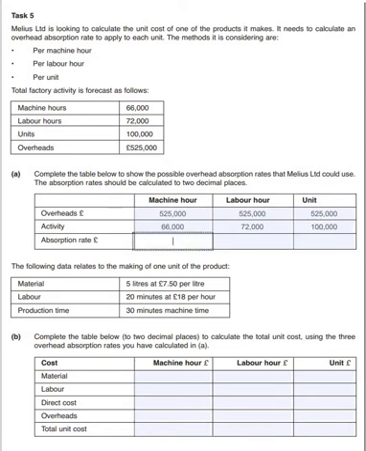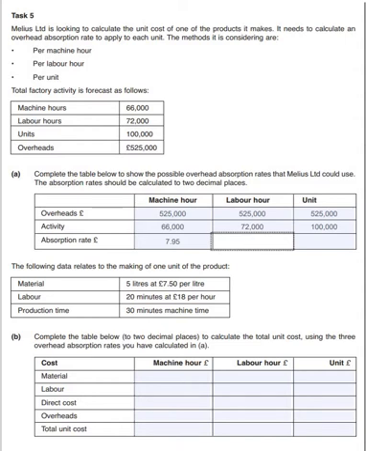Now all we have to do is work out our overhead absorption rate. So we divide our overheads by our activity, and we should get for our first absorption rate £7.95. Okay, that's rounded to two decimal places.